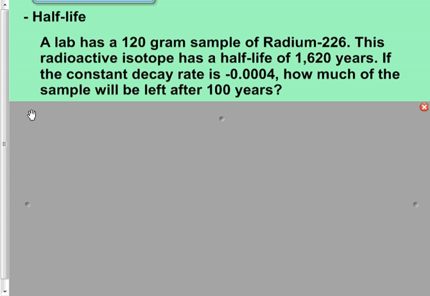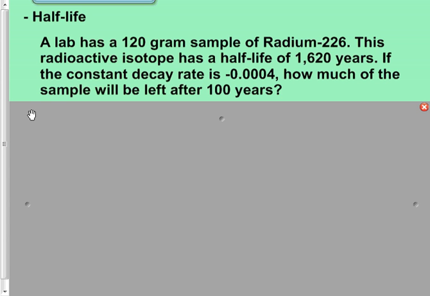Okay, so a lab has a 120 gram sample of radium-226. That is a radioactive isotope, very hazardous. This radioactive isotope has a half-life of 1,620 years. If the constant decay rate is negative 0.0004, how much of the sample will be left after 100 years?